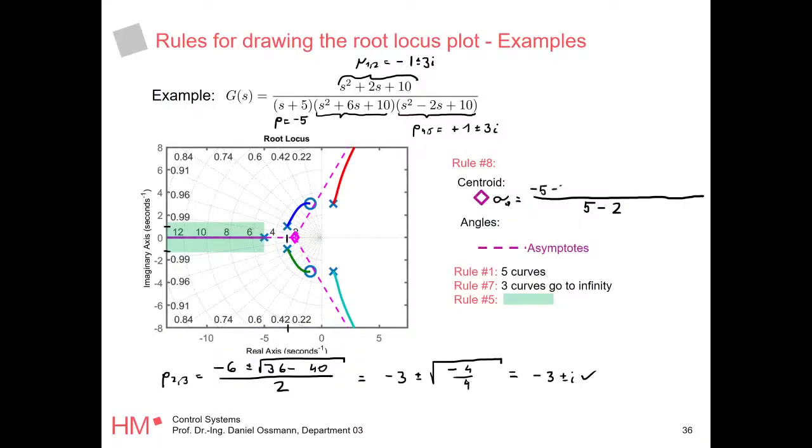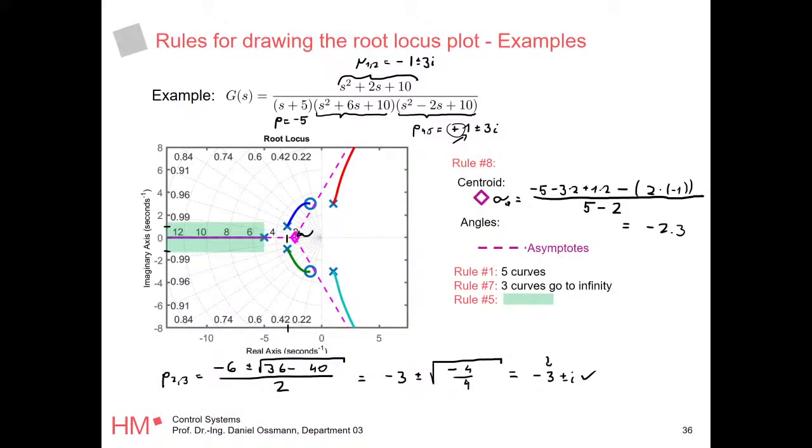Then we've got minus 3 times 2, just multiplying by 2. And we've got these poles, which are plus 1, times 2, minus our zeros, which have a real part of minus 1, so 2 times minus 1. And if you do the calculation, what comes out is minus 2.3, which is this point here.